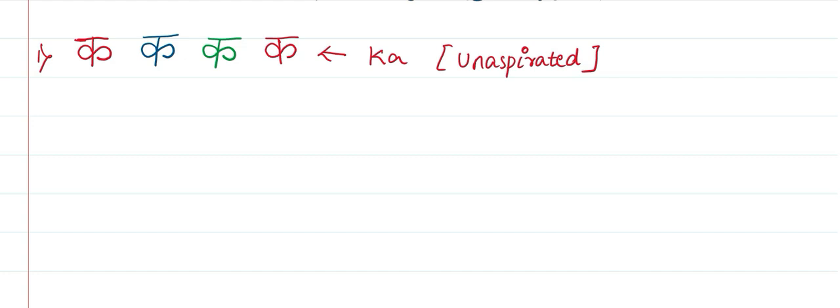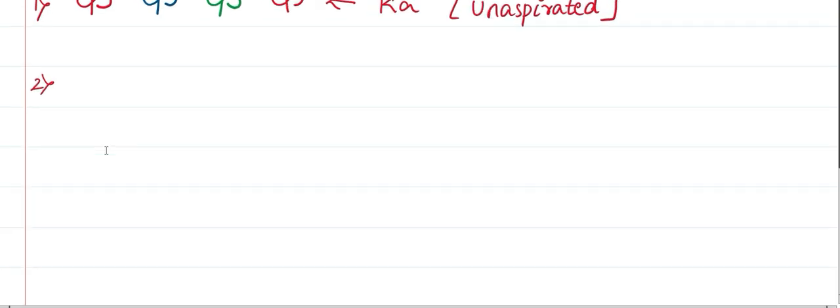But this one, you don't have to do anything. It's just k, k. You can feel that the back of your tongue is touching the roof of the mouth. That's what the velar consonant is. So it's k, k. Okay, let's go to the second one.